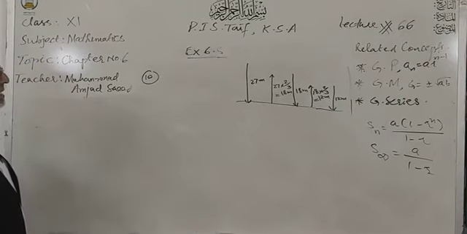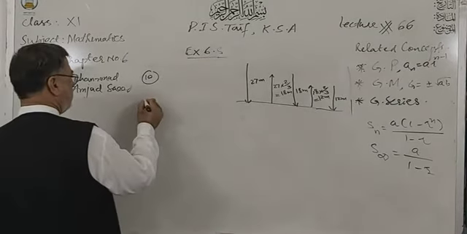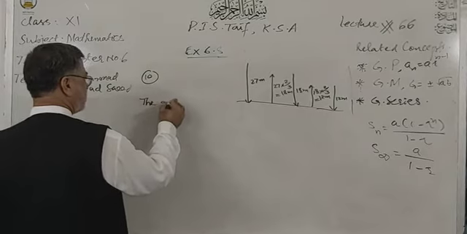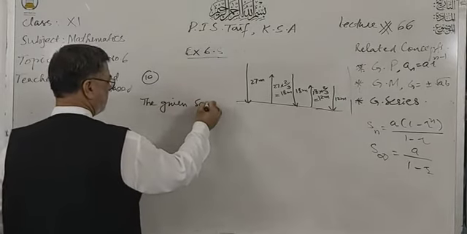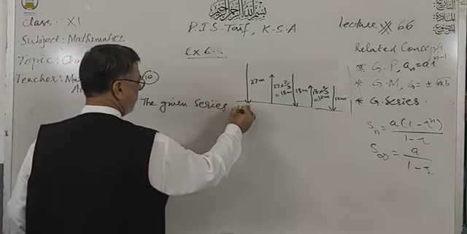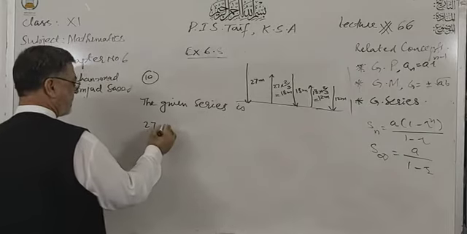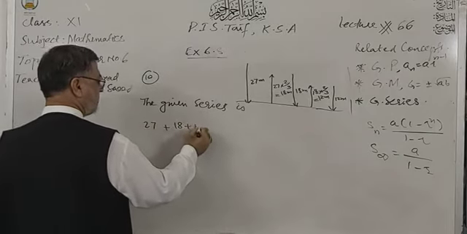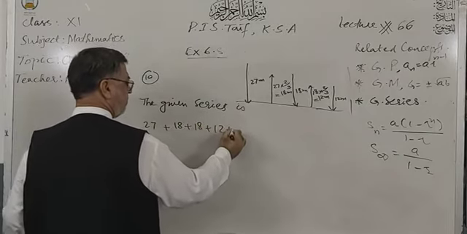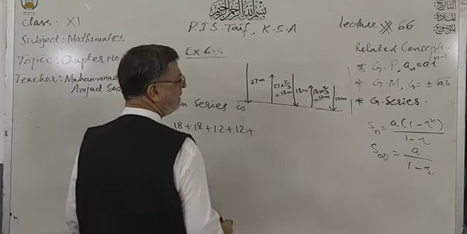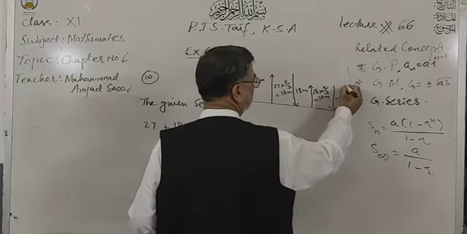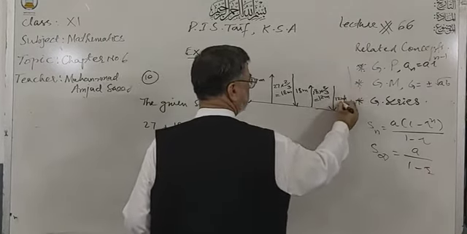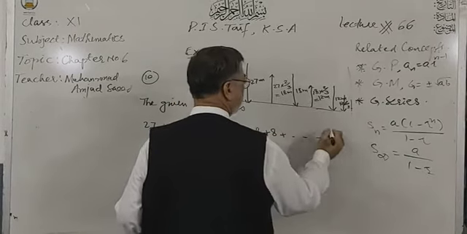So dear students, the given series is 27 plus 18 plus 18, 12 plus 12, then next 12 into 2 by 3, that will be 8 plus 8 plus so on.